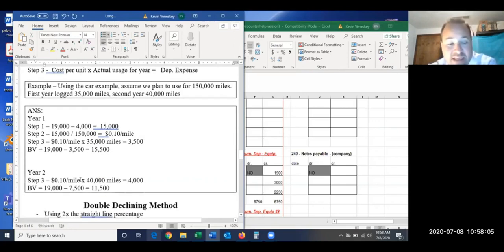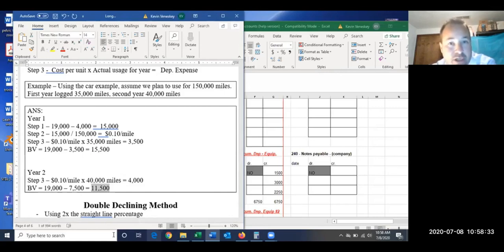But if that's not the case, then I'm simply going to take the 10 cents a mile times 40,000 miles in year 2 that it gave us in the problem, so 4,000. So I have a total accumulated depreciation now of 7,500. I take the cost of my asset minus my accumulated depreciation, and 11,500 is my book value.